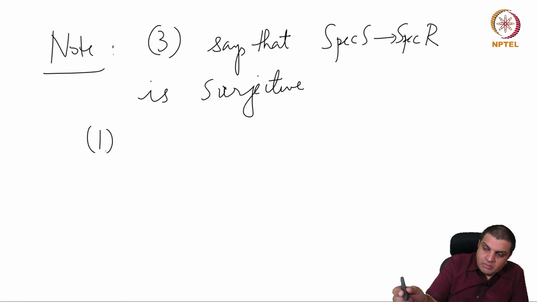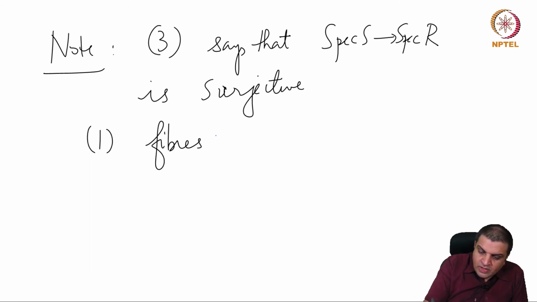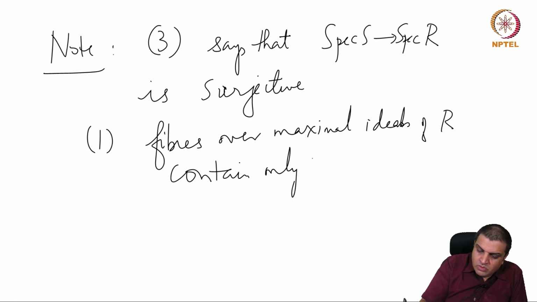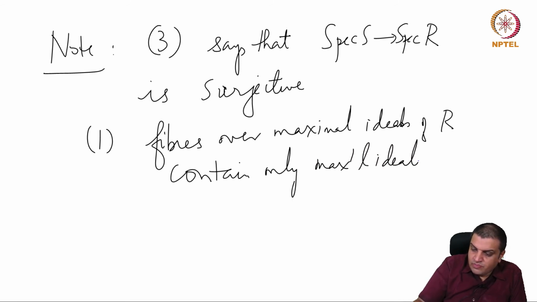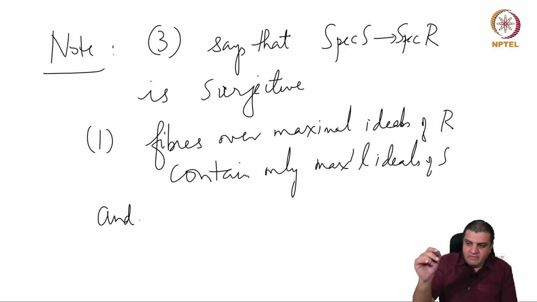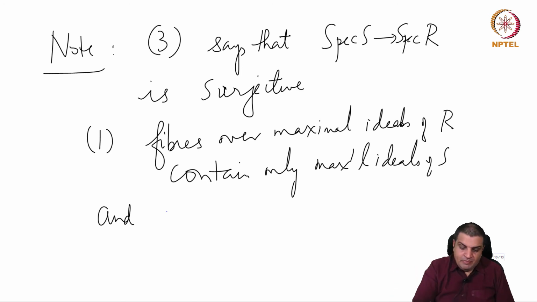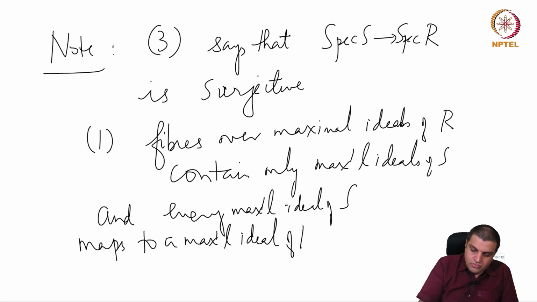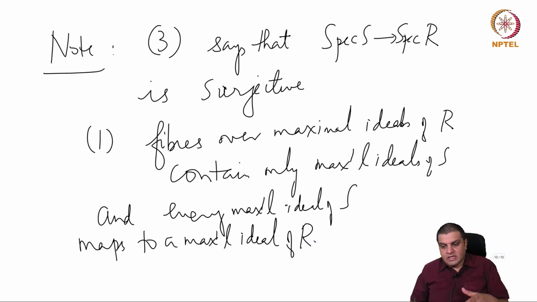fibers over maximal ideals of R contain only maximal ideals of S, and every maximal ideal of S maps to a maximal ideal of R. So this one, for example, would apply in the case of Noether normalization.